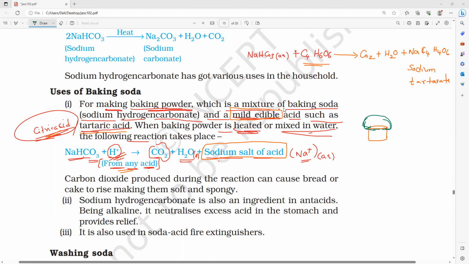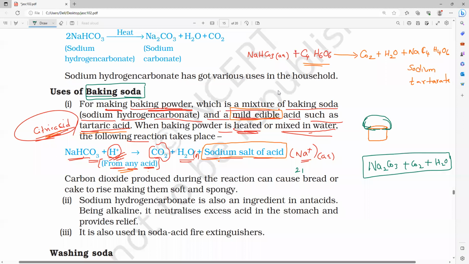In our home, you might not have baking powder. Most probably we will have baking soda. So if you add baking soda to the cake preparation, be very careful. The baking soda undergoes heating and will produce sodium carbonate plus carbon dioxide plus water.